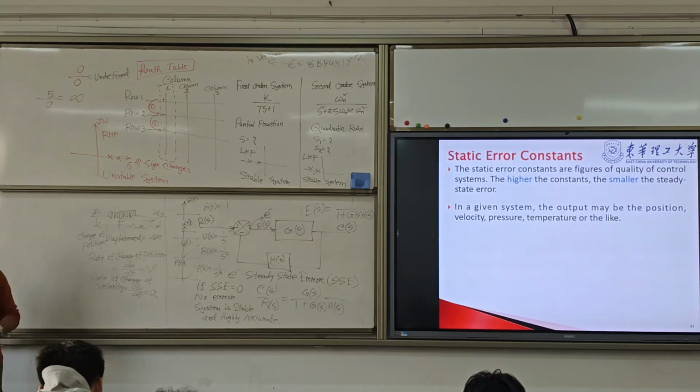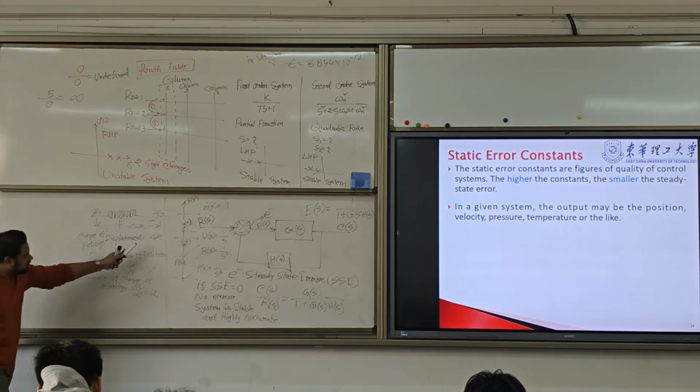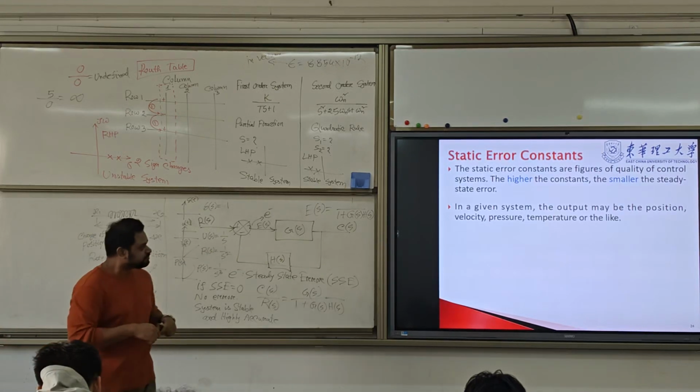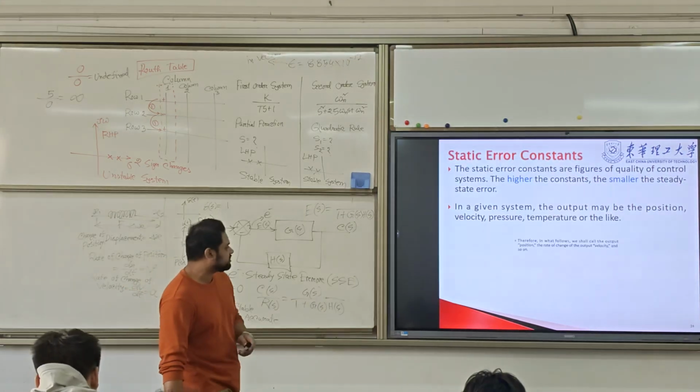Now there are 3 outputs, not only one output: change of position, normal linear position; rate of change of position, dx by dt, that is velocity; rate of change of velocity, dv by dt, that is acceleration. Now we have x, v, a, 3 outputs.